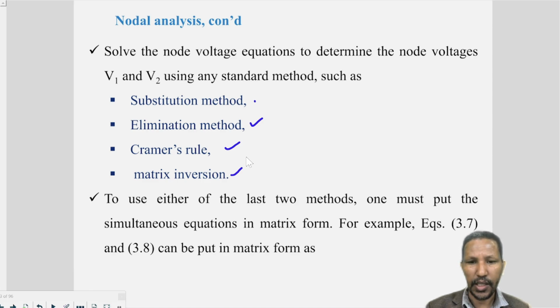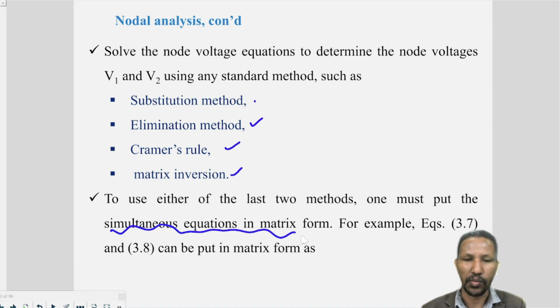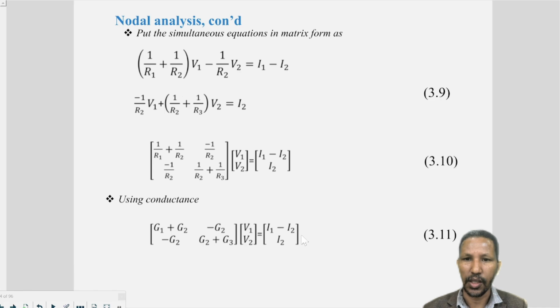To use either of the last two methods, one must put the simultaneous equations into matrix form, as you can see here. This is the first equation and this one is the second equation.